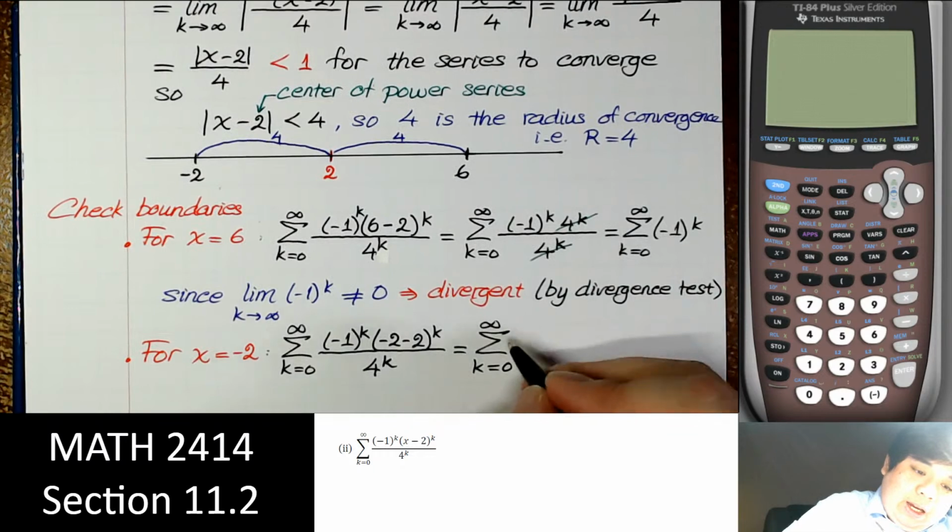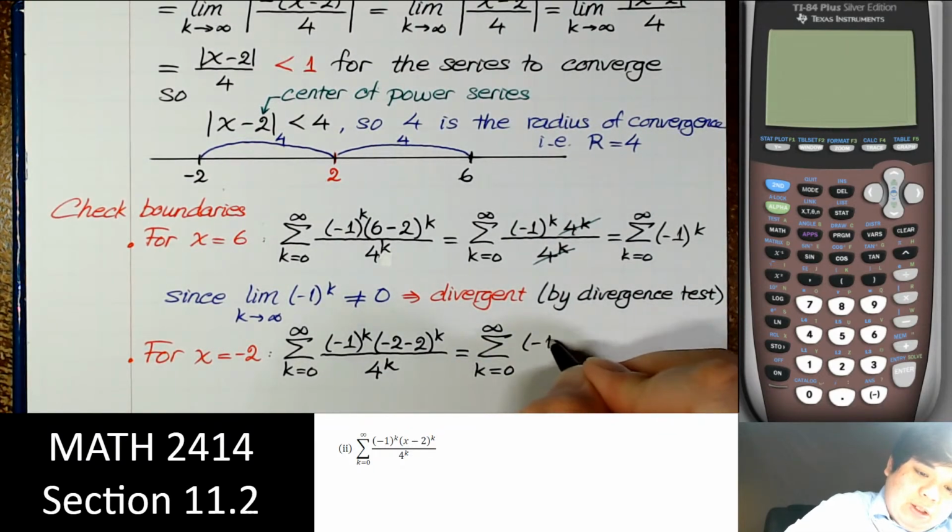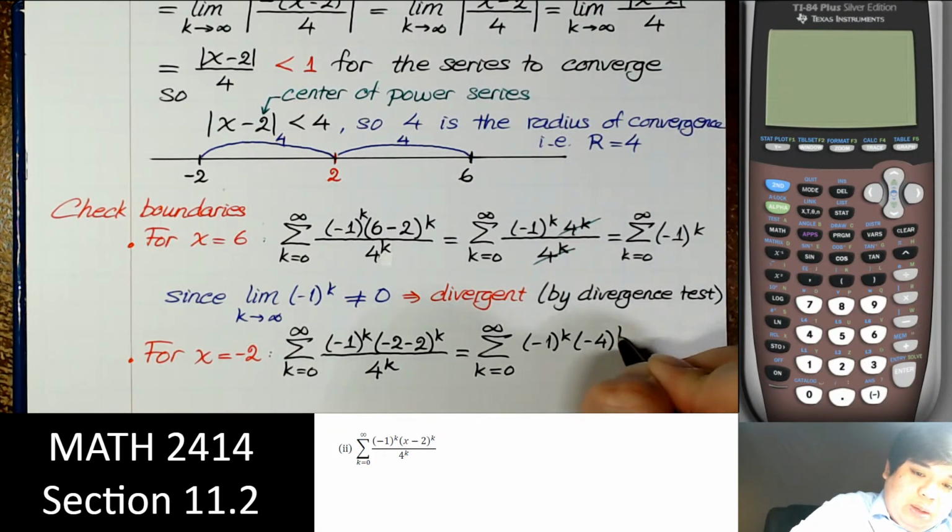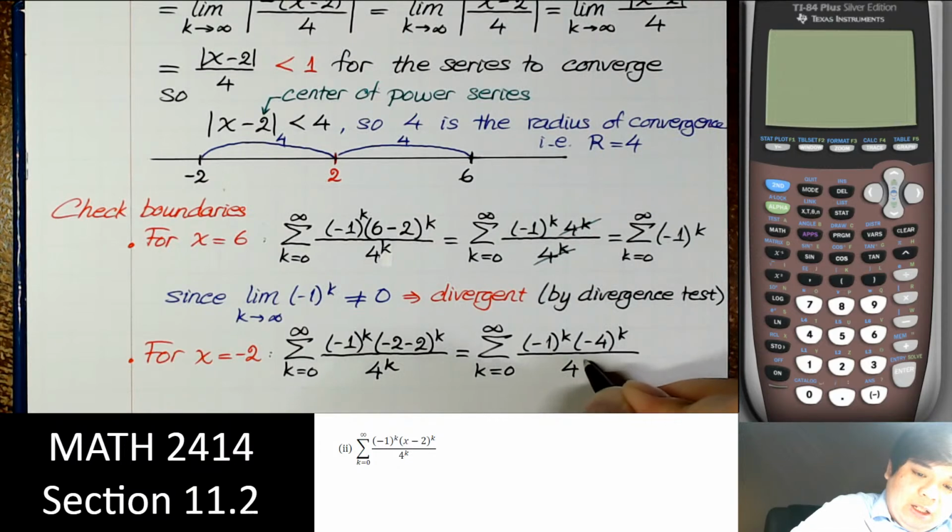Now we have -1 to the k power, and then -4 to the k power, all over 4 to the k.